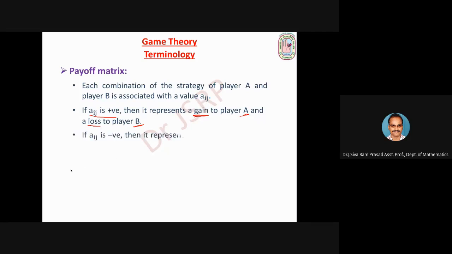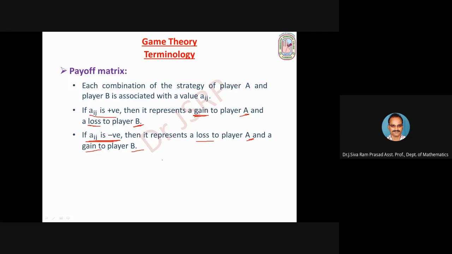Otherwise, if Aij is negative, then it represents the opposite case: loss for player A and gain for player B. These are the default notations we use. If Aij is 0, there is no gain and no loss for both players.